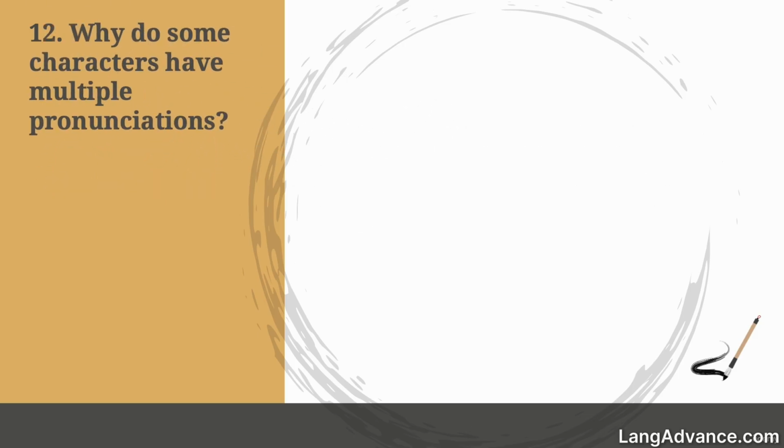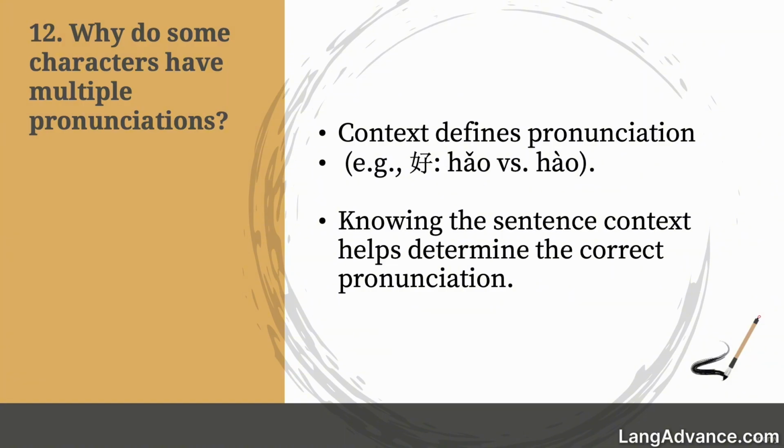An interesting question. Why do some characters have multiple pronunciations? As you can see, the word 好 can be the third tone and it can be the fourth tone. So some Chinese characters can be known as the 多音字, which is multi-pronunciation characters.